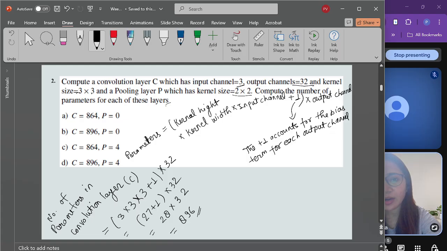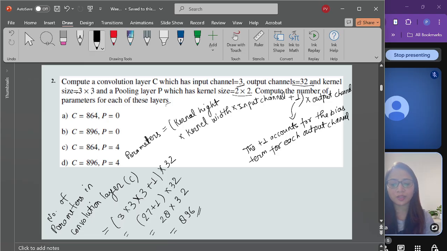Now we need to calculate the number of parameters in the pooling layer. So what is a pooling layer? A pooling layer, like max pooling or average pooling, is a fixed function with no trainable weights or biases. It simply performs an operation like taking a maximum value or an average value. If you perform average pooling, you take the average value.